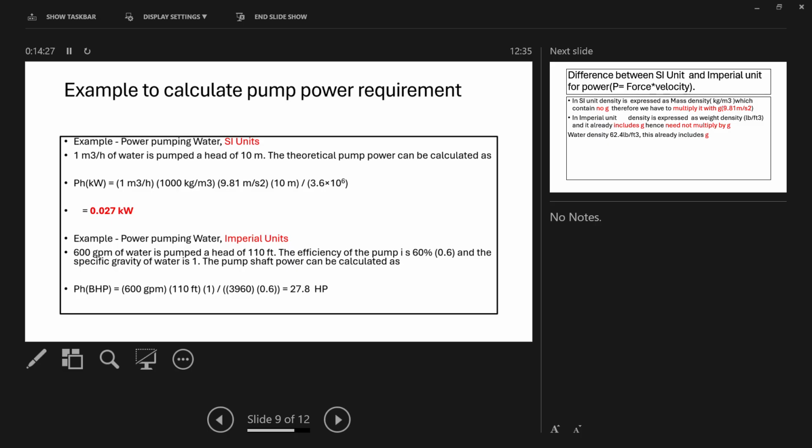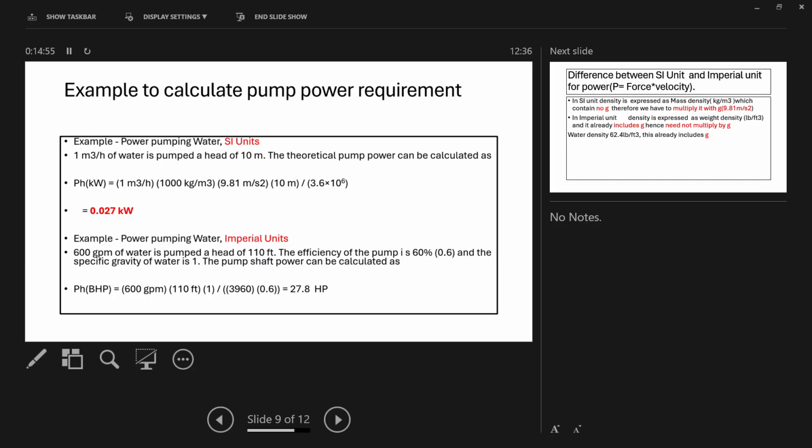And now if you use the imperial formula, units or system, then suppose you have a pump with discharge Q expressed in gallon per minute, say 600. Suppose you are discharging 600 gallon per minute at a height of 110 feet, pump efficiency is 60%, and the specific gravity of the fluid is 1. So what will the pump power, the BHP, be?